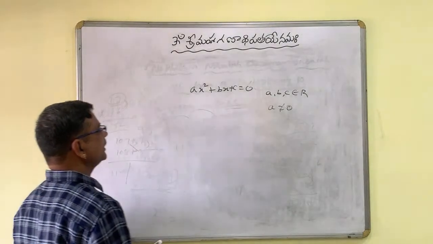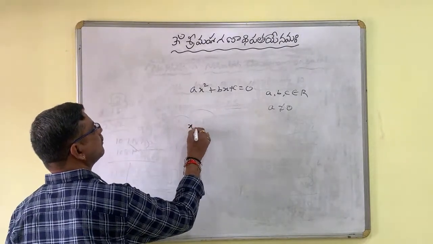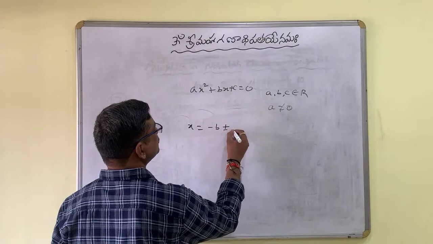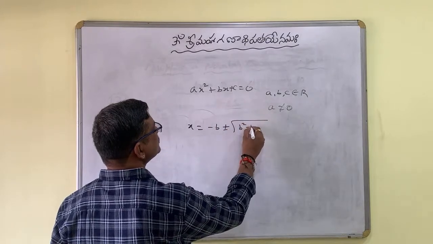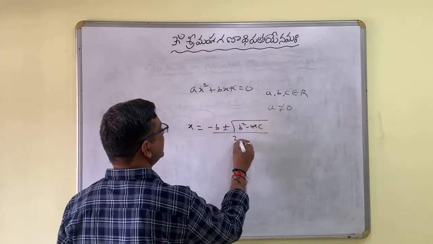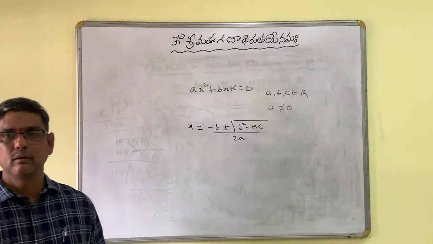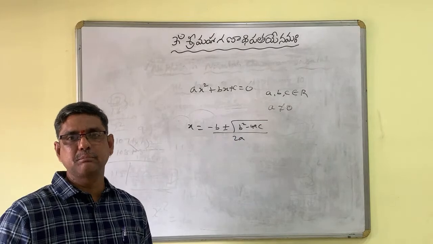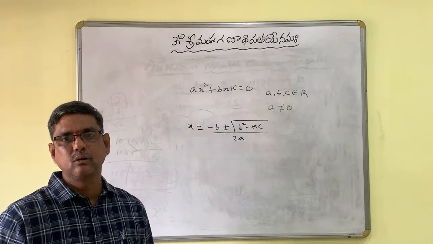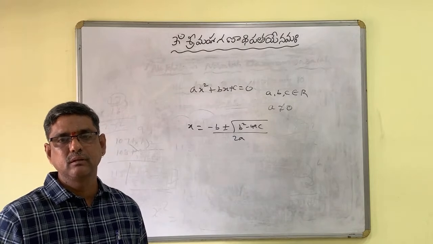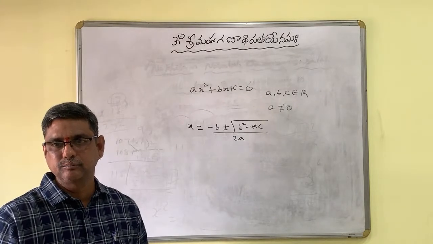To find the zeros, we have a formula called the quadratic formula: x is equal to minus b plus or minus root over b square minus 4ac, by 2a. It's called the quadratic formula.